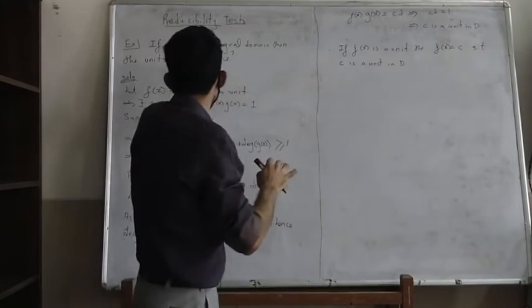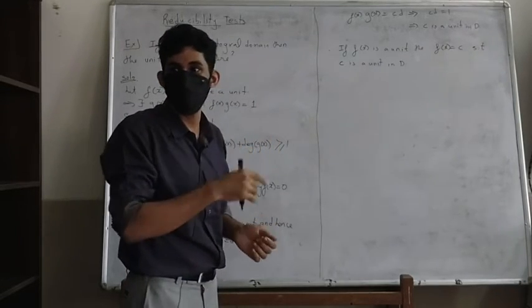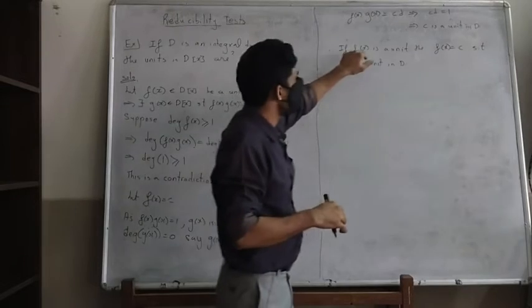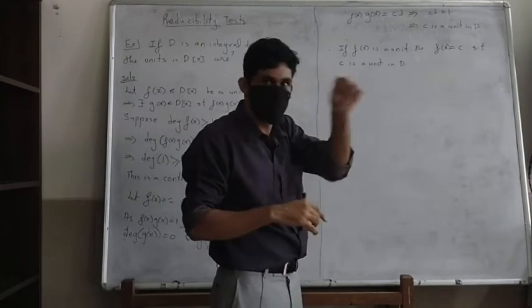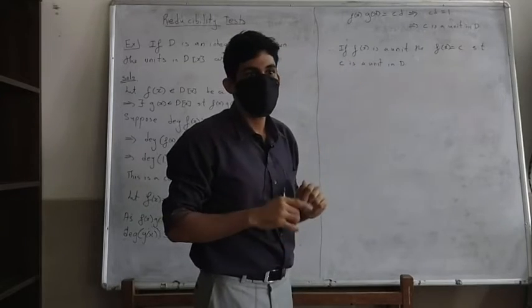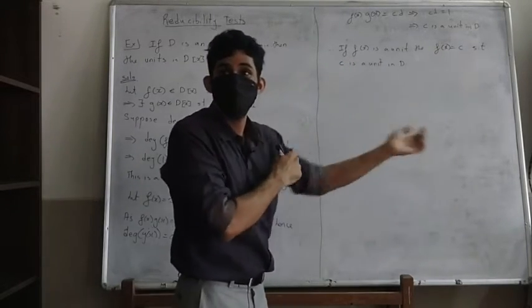If I want to state what are all the units, I should prove the converse of this. That is, I have to say that if f is a constant polynomial, with that constant being a unit in D, then f should also be a unit, and that is also obvious, right?